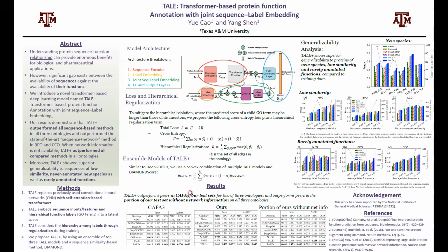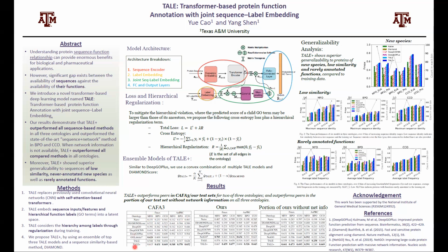For the results part, we first compare TAIL Plus and all its competitors on the CAFA3 test set, our test set, and the portion of our test set without network information. As you can see here, on the CAFA3 dataset, TAIL Plus reached the best on BPO and CCO based on Fmax and AUPRC against all its competitors.